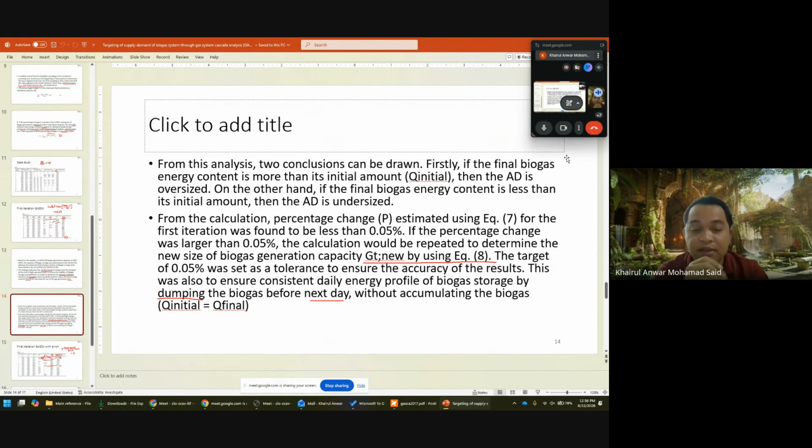On the other hand, if the final biogas content is less than the initial amount, then the AD is undersized. So meaning, once you do the sizing, the value for initial and the final must be equal.